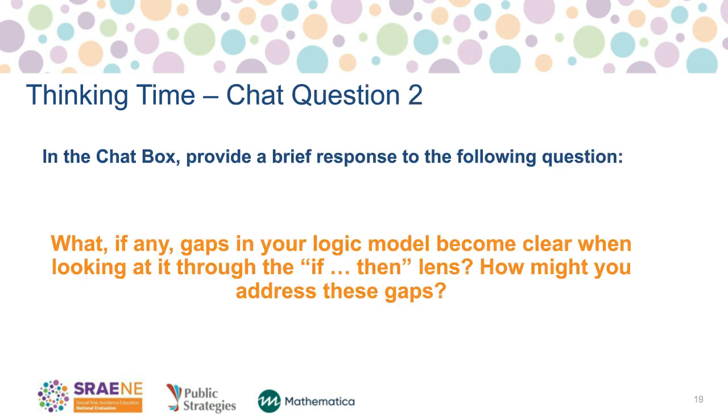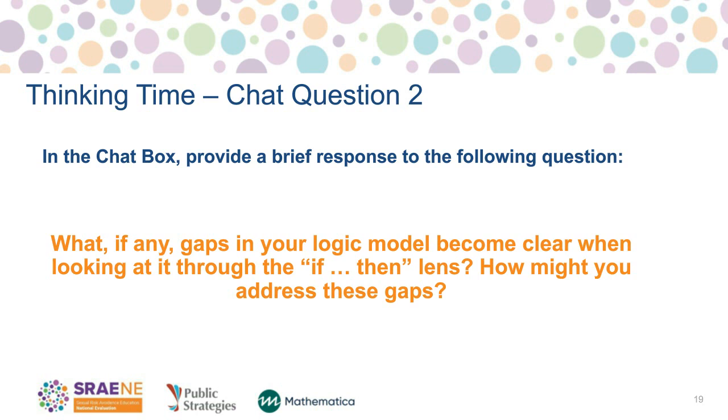All right. So in the group chat box, again, I want you to use the group chat box, not the Q&A box. Give me a couple words about what, if any, gaps your logic model may have because you've now looked at it through this if-then lens, and how might you address those gaps. And if you were lucky enough to attend the orientation or to have a colleague who attended the orientation, you all may have already gone through your logic model with an if-then lens and fixed some of the gaps, so share what those gaps were and what you did to fix them.